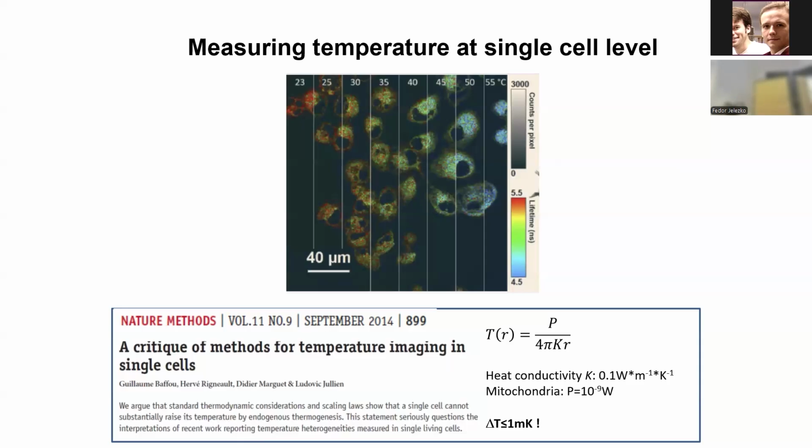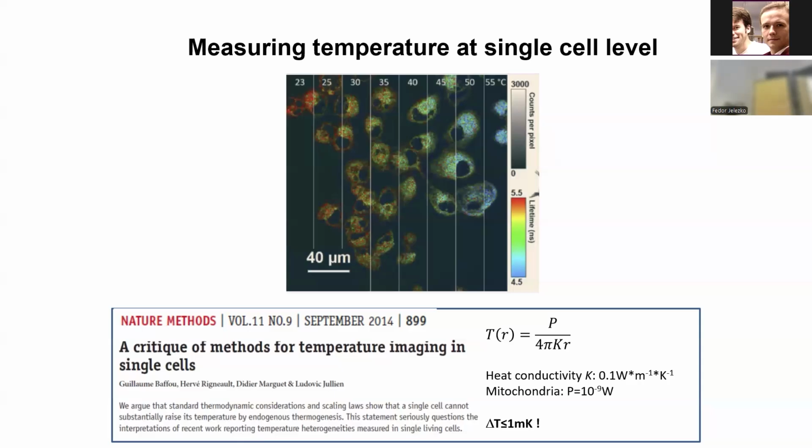If you take all the ATP that the cell produces, which is a known quantity, and take heat conductivity inside of cells into account, then you don't expect a gradient larger than a millikelvin. And a 10-degree gradient was measured, so there is a 4 orders of magnitude difference, which is a puzzle.